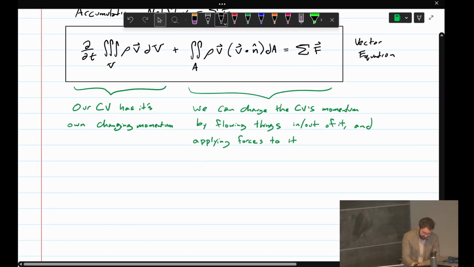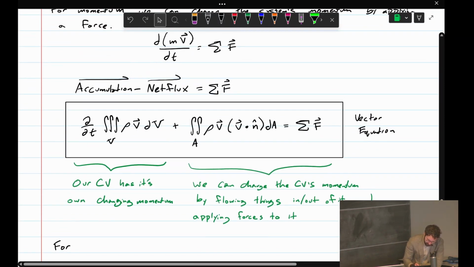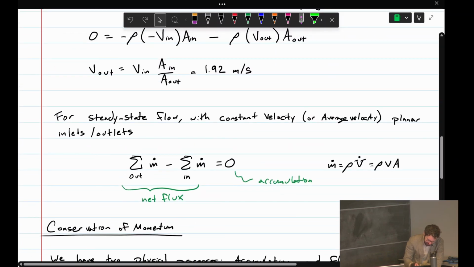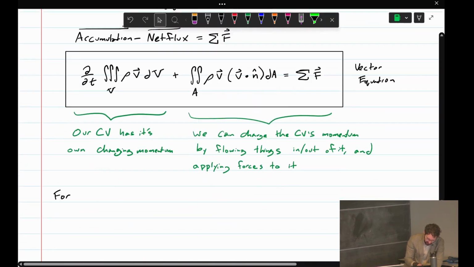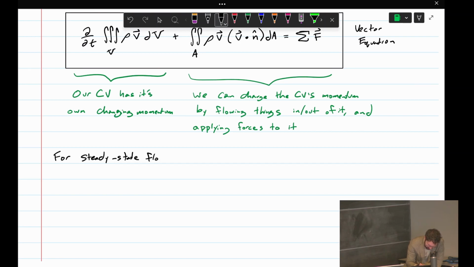It's the exact same assumptions. So steady state flow with constant velocity. I'm saying constant or average velocity because we're going to use this for a lot of pipe flow problems.